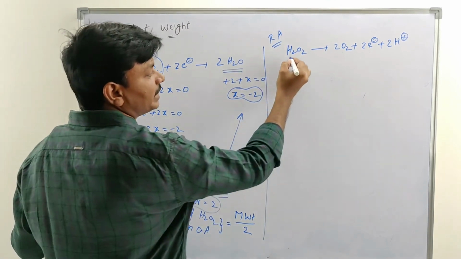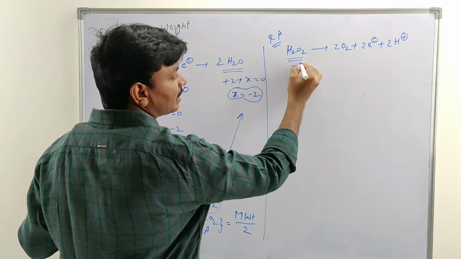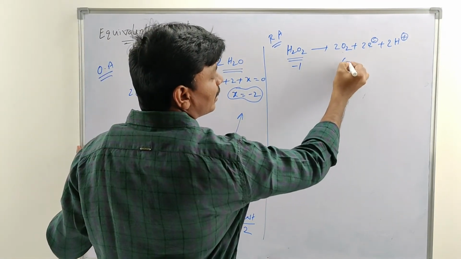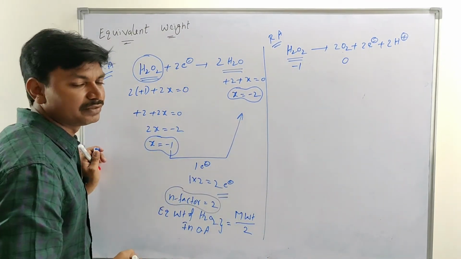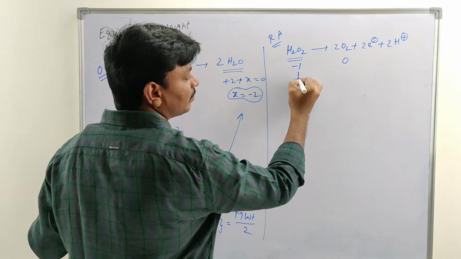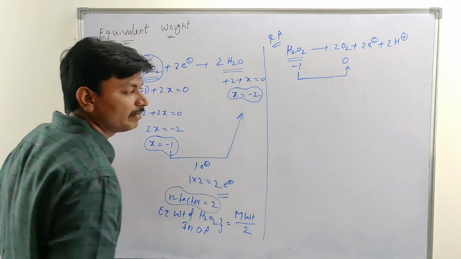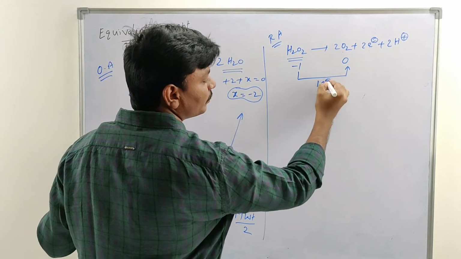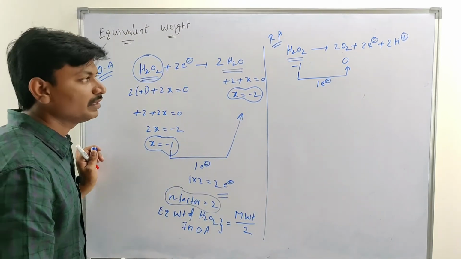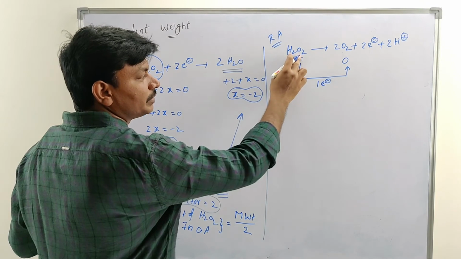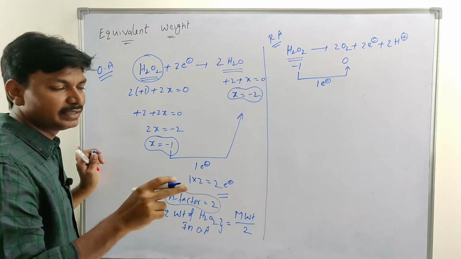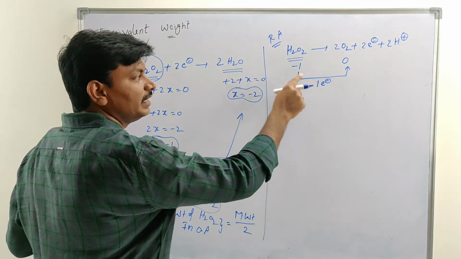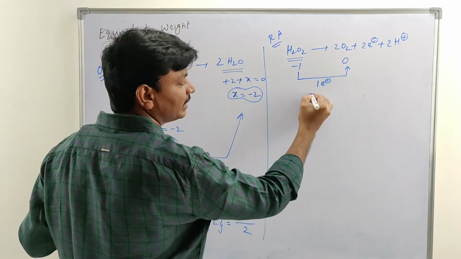That is, in H2O2, the oxygen atom oxidation number will be -1. In the O2 molecule, each oxygen atom oxidation number will be 0. That is conversion -1 to 0, which means transferring of electrons is equal to only one. In H2O2, 2 oxygen atoms are present, each transferring only 1 electron.